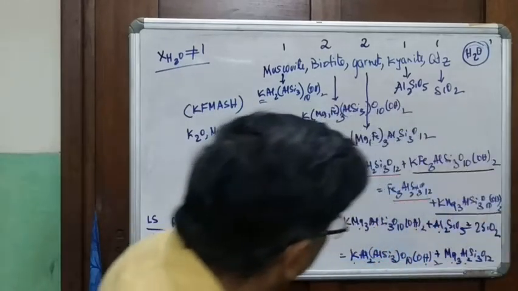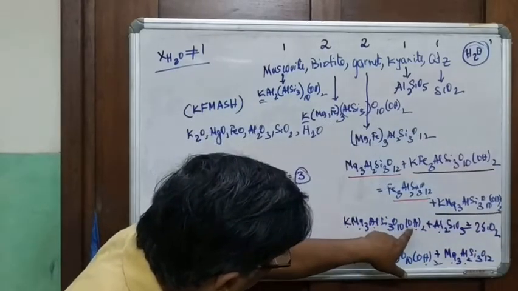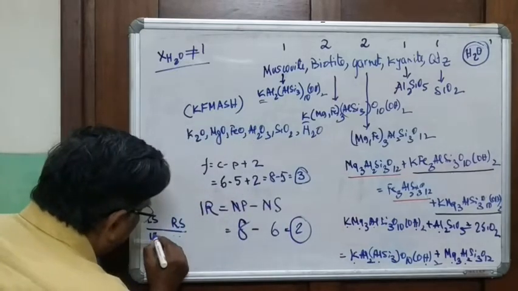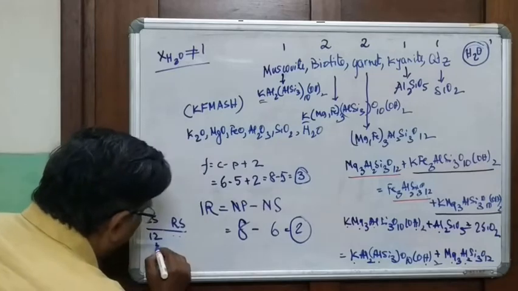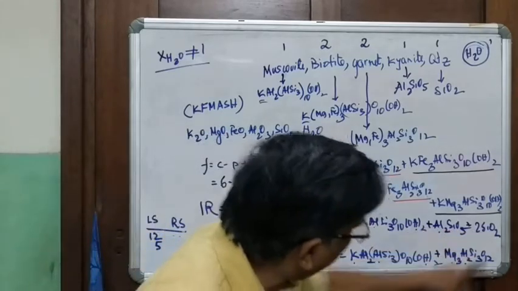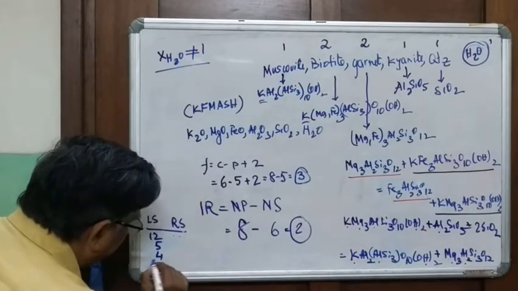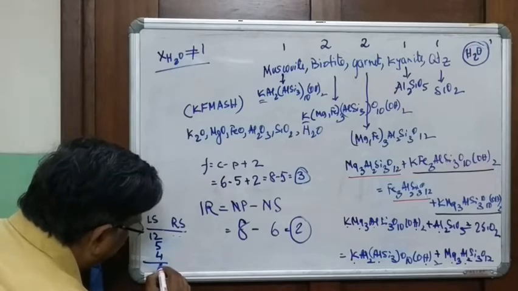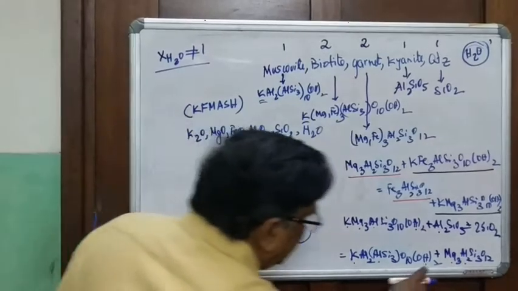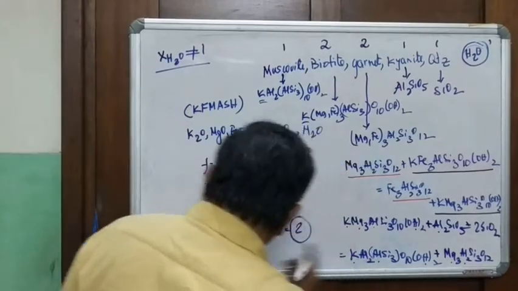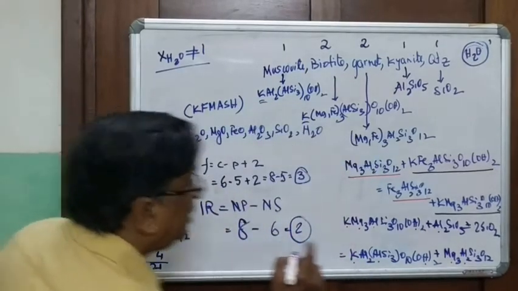Left hand side, oxygen. 2 plus 10, 12. Here, oxygen 5. Here, oxygen 4. So that's 21. Right hand side. 2 plus 10, 12.